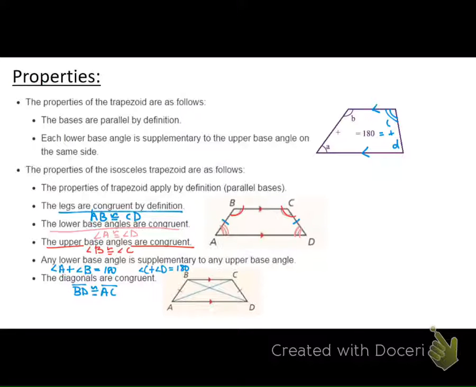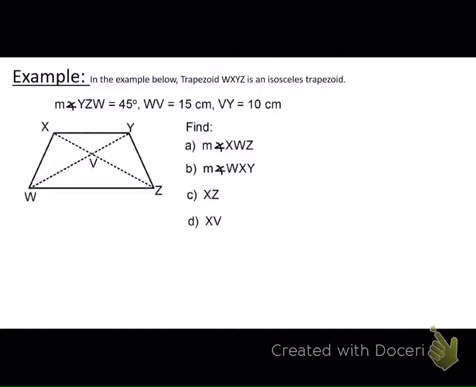We have 13 minutes. So, in the example below, trapezoid WXYZ is an isosceles trapezoid. So we know opposite sides are parallel, we know the legs are congruent, and we know these diagonals here are also congruent. If it's an isosceles trapezoid, those are some of the properties we learned from the previous slide.